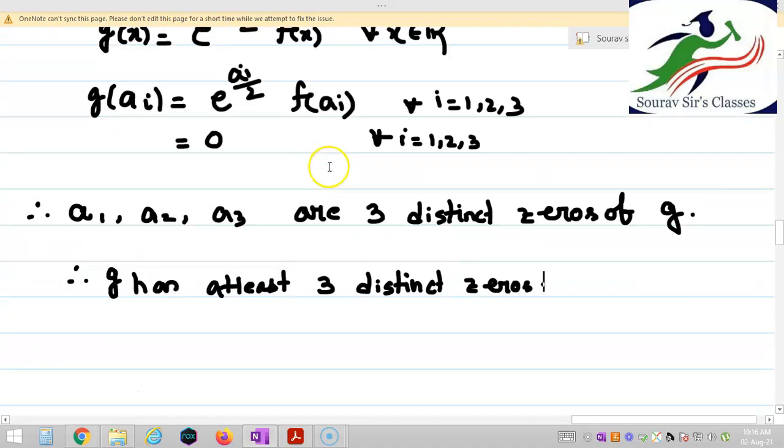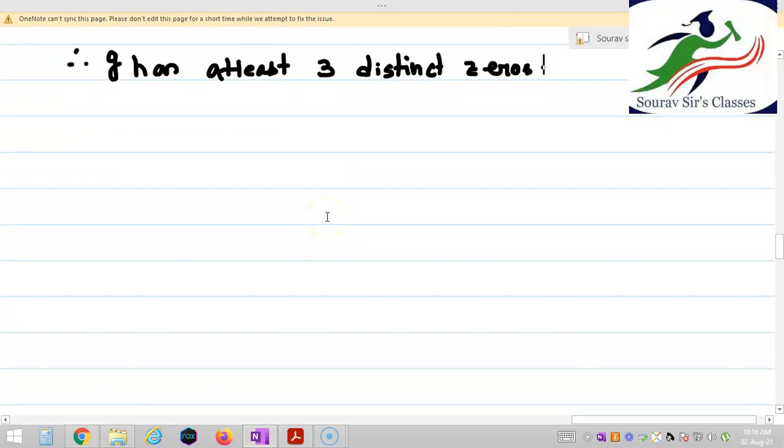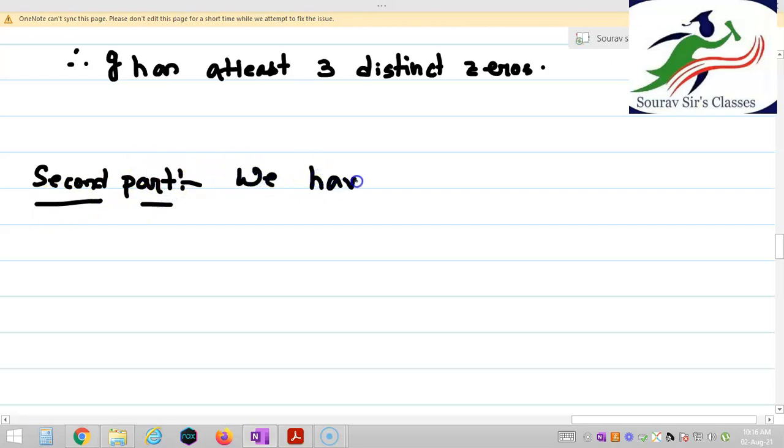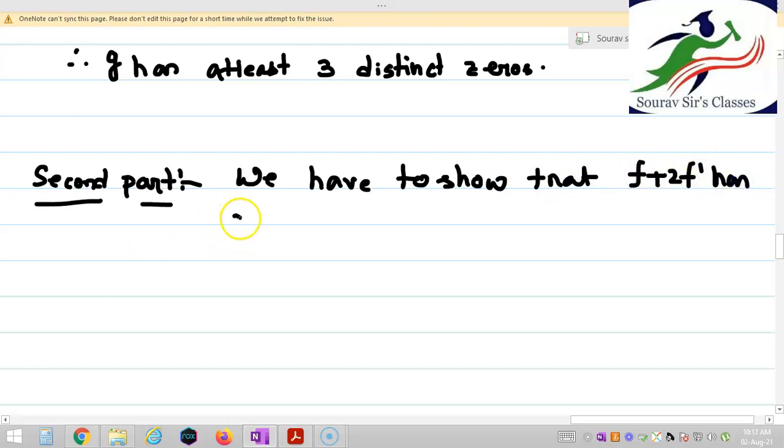So in the second part, we have to show that f plus 2f dash has at least three distinct zeros.